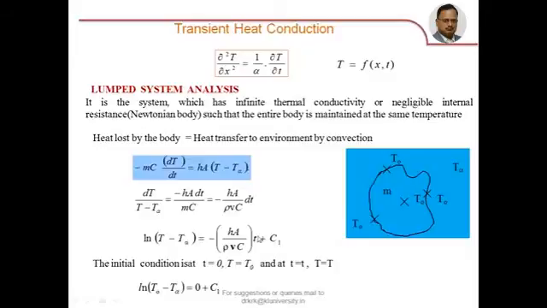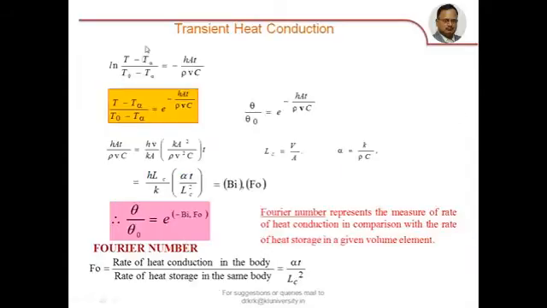When this log T naught minus T alpha is taken to the left hand side, it is log (T minus T alpha) by (T naught minus T alpha) equal to minus hAT by rho VC, or (T minus T alpha) by (T naught minus T alpha) equal to e power minus hAT by rho VC, where T minus T alpha is designated as theta, and T naught minus T alpha is the temperature difference at the beginning, theta naught. So theta by theta naught equal to e power minus hAT by rho VC.